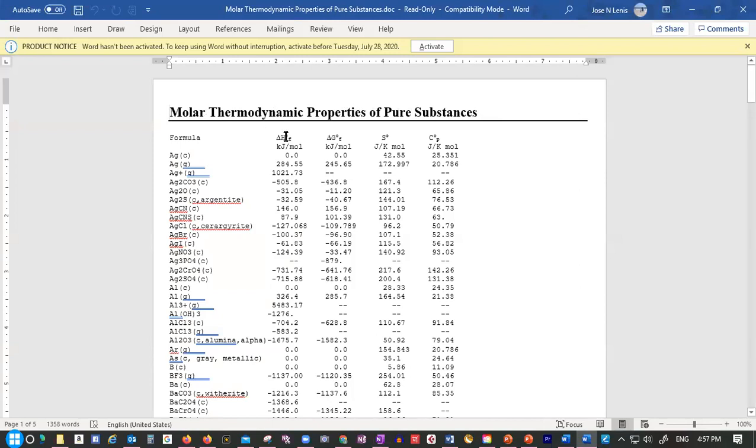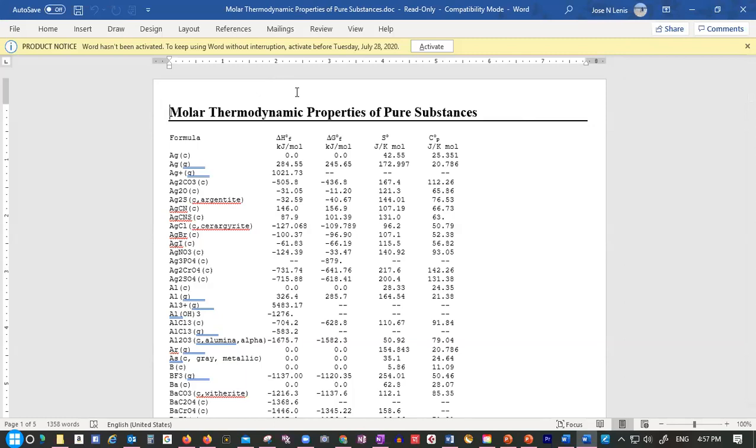And they are standard. Look at the symbol for the standard here. And look, delta H standard of formation in kilojoules per mole. So when you get to one of these tables, you need to read initially what type of table is that. See, it's molar, so yes, that's good because we are using a standard molar concentration. And that's what we need.